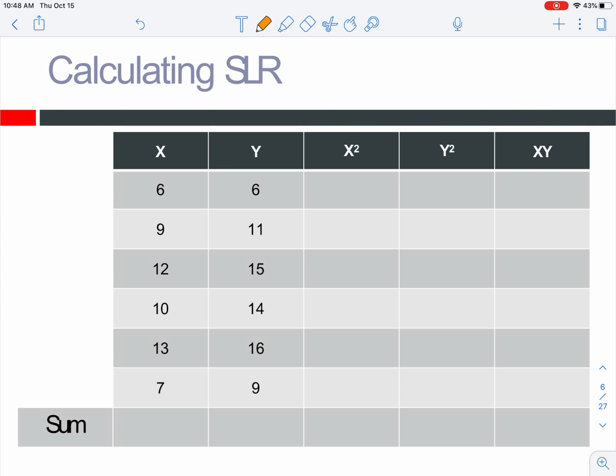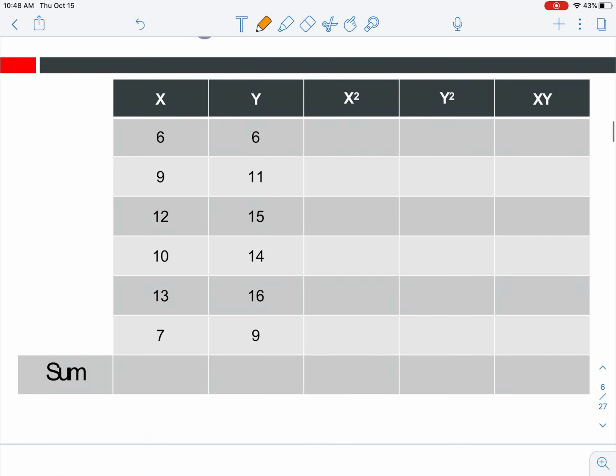And then we'll just be able to plug and chug into both our correlation equation and our y prime equals a plus bx equation based on our a and b equations. So all it is plugging and chugging. So go ahead and pause and then unpause when you have completed this chart.